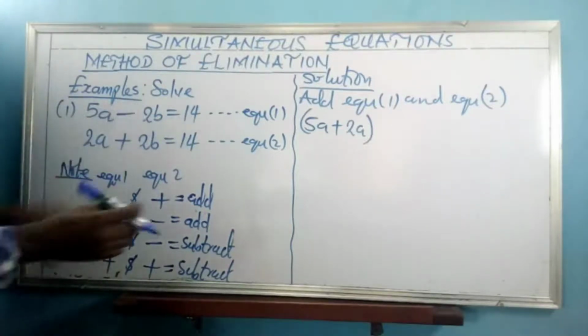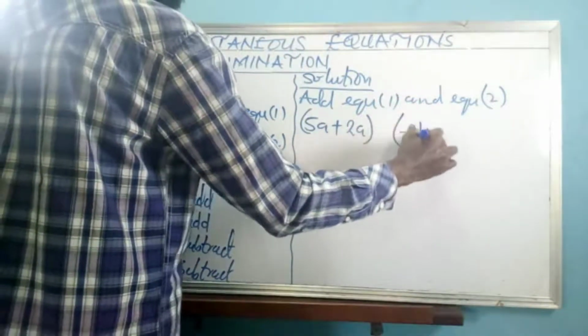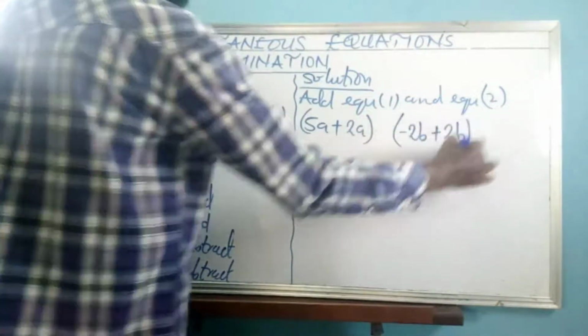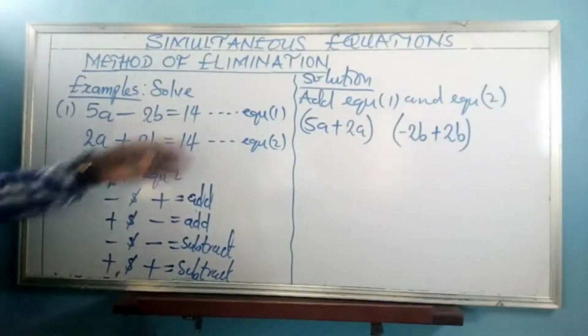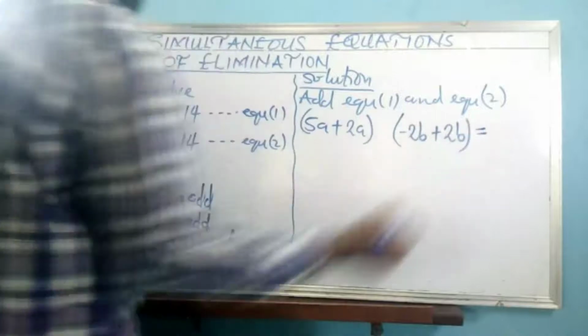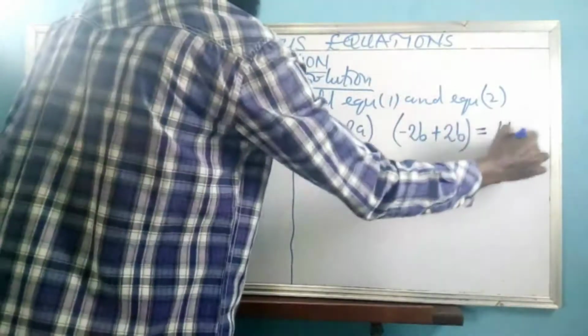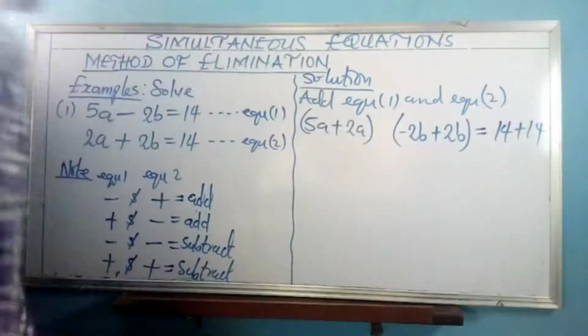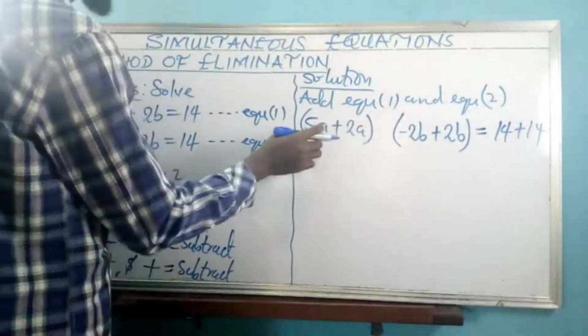We want to add this one too: minus 2b plus 2b. We're taking it one at a time. Is equal to 14 plus 14. Do we get that now? So let's go on to this one now. This one will be what?